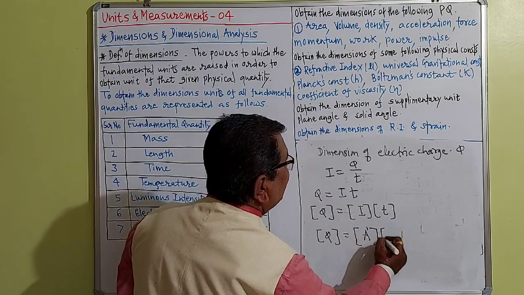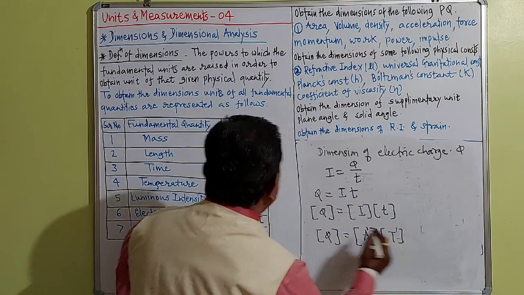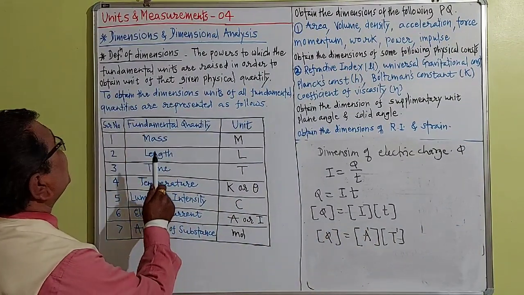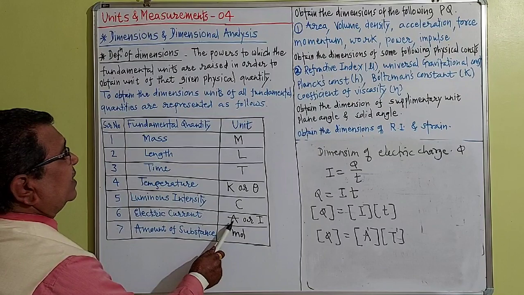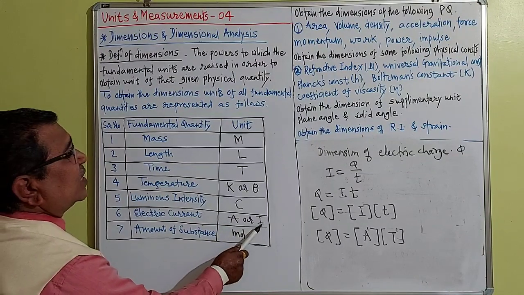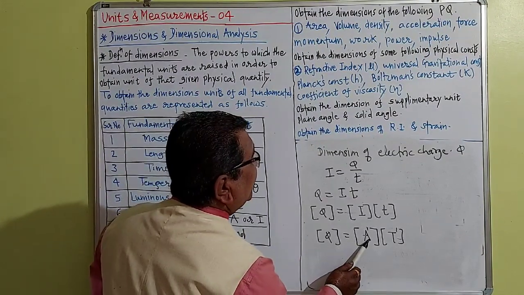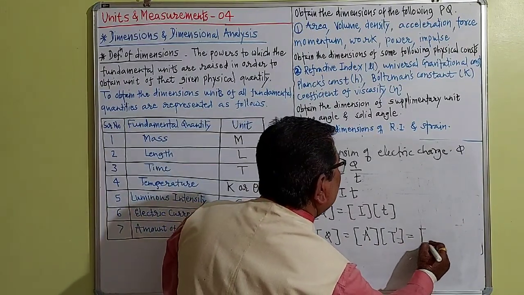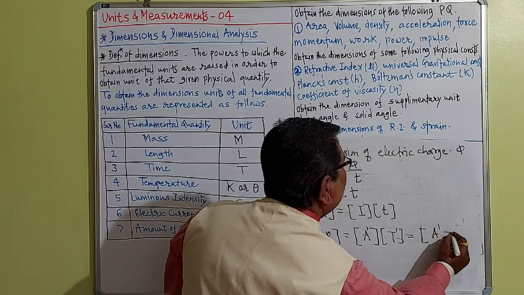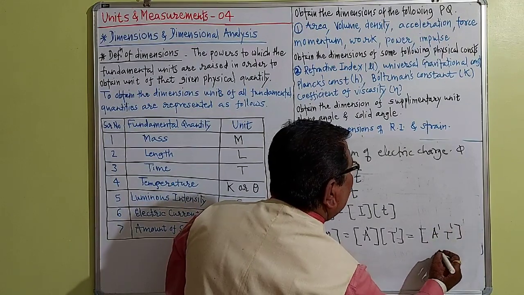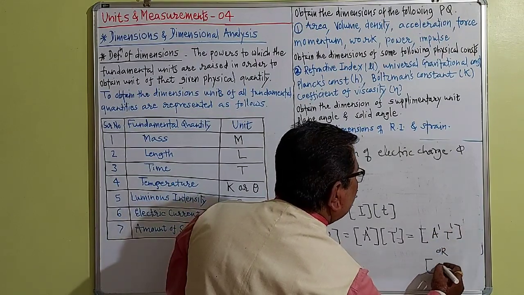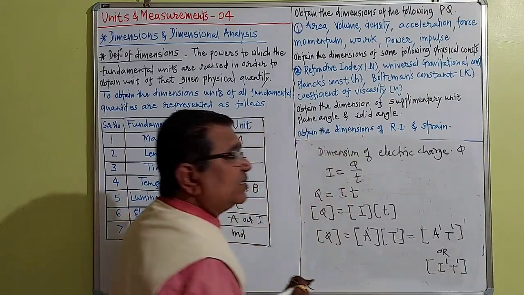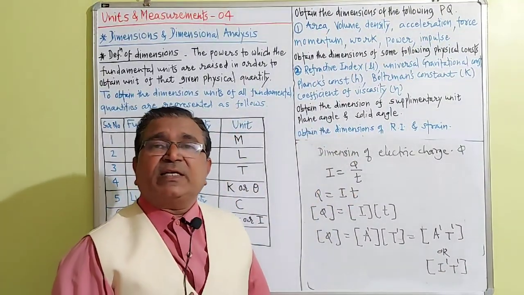Electric current is denoted by A or I, so we can write A1 T1, or this may be written as I1 T1. So this is all about electric charge.